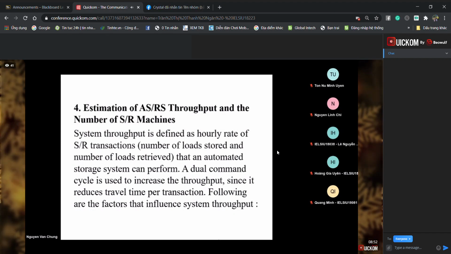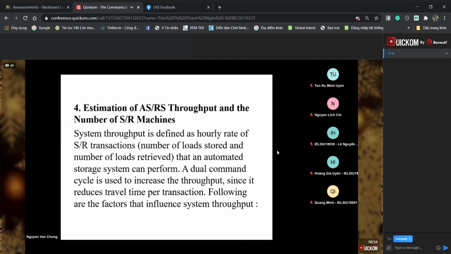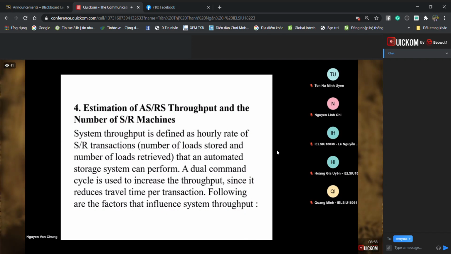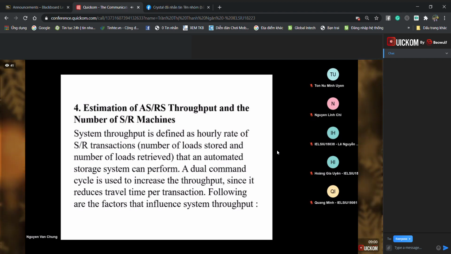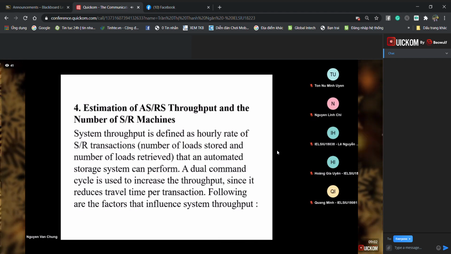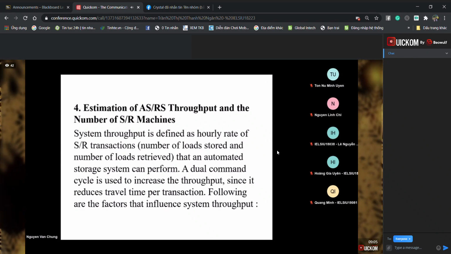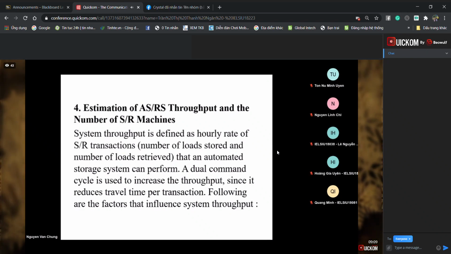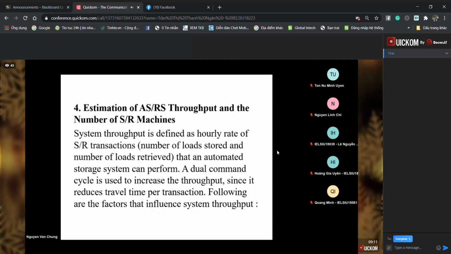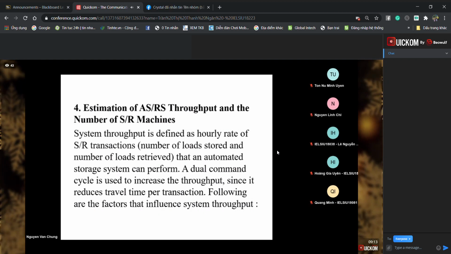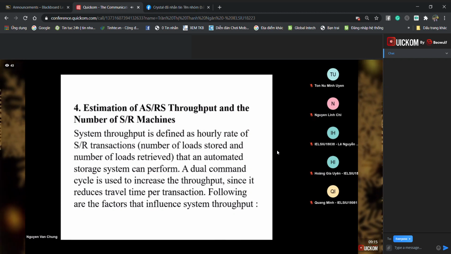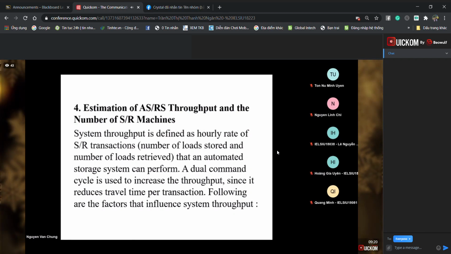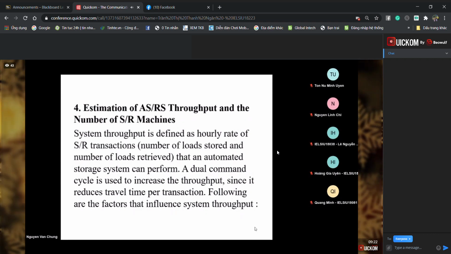Now maybe you can understand, if it is the single command, you have only one function. Like I said, maybe this is store only: you store, and then the machine returns and comes back. It's one function.